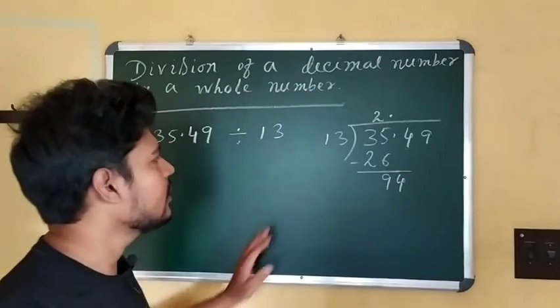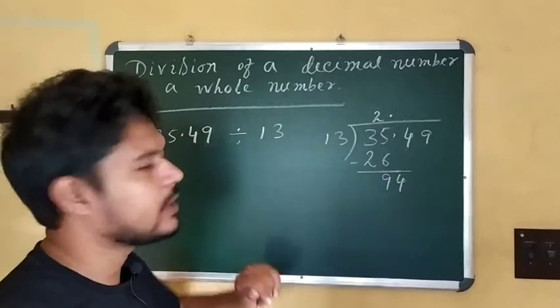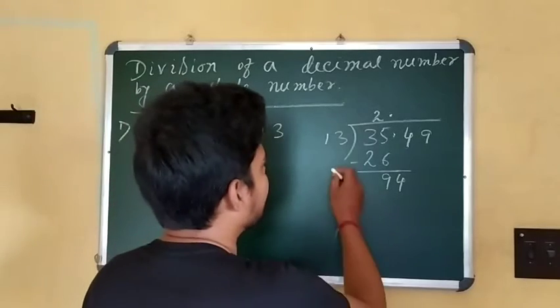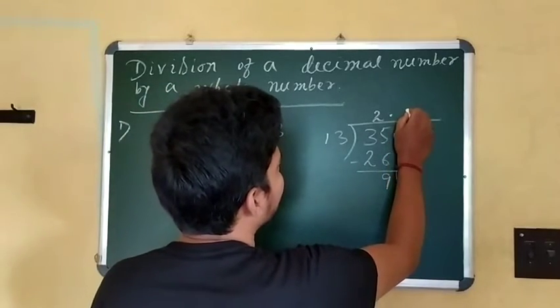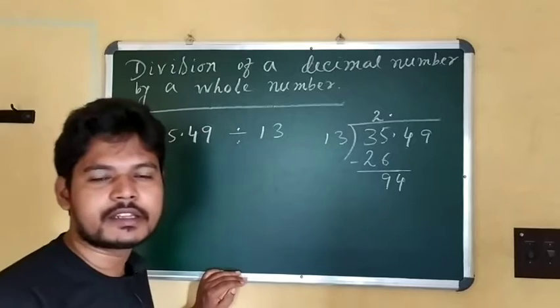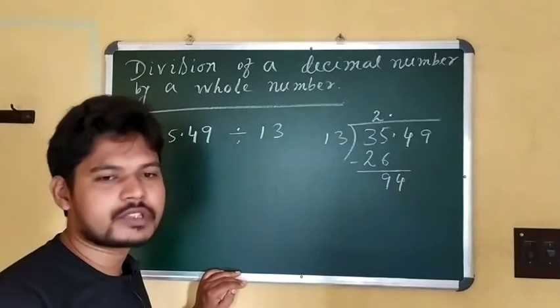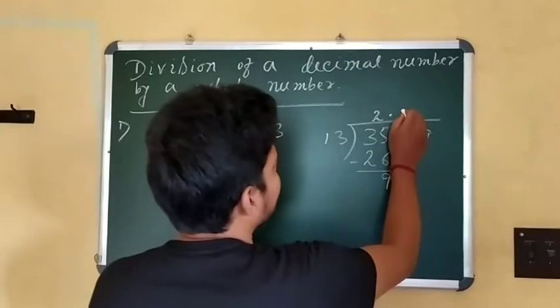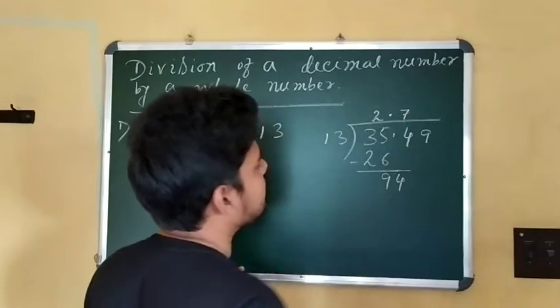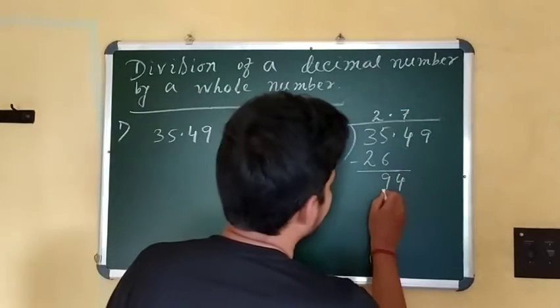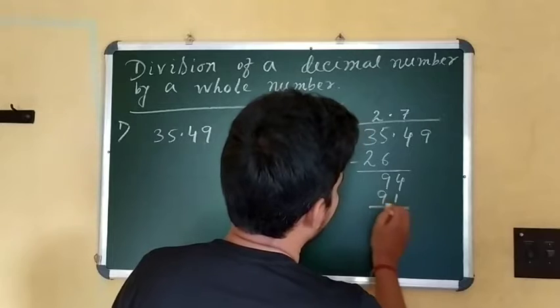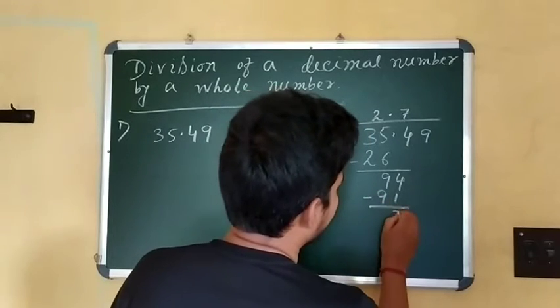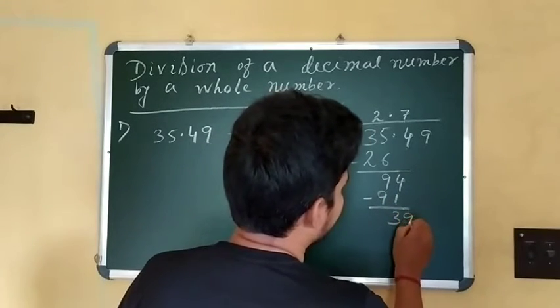Now by which number we have to multiply? 6 into 13, that is 78. 13 into 7, that is 91. So we have to multiply by 7. So we get 91. Now we have to subtract, we get 3 and 9 comes down.